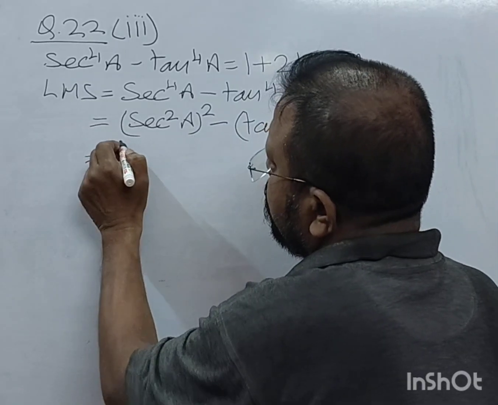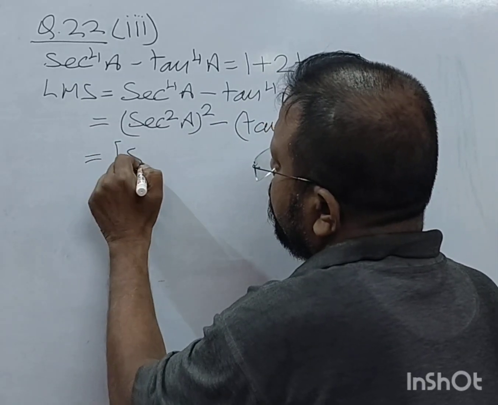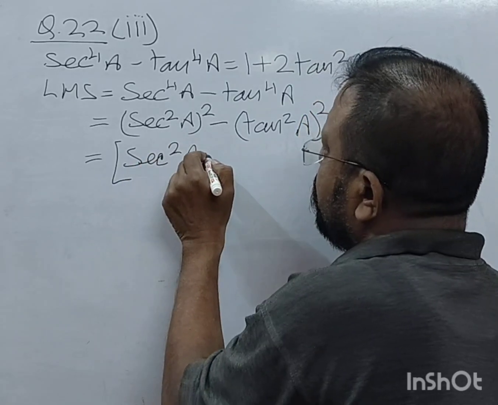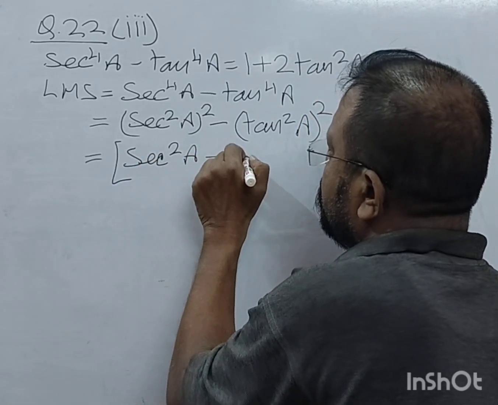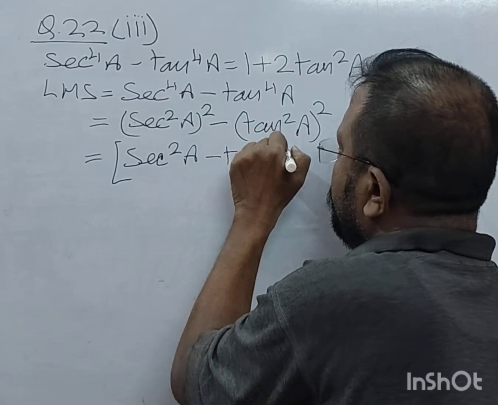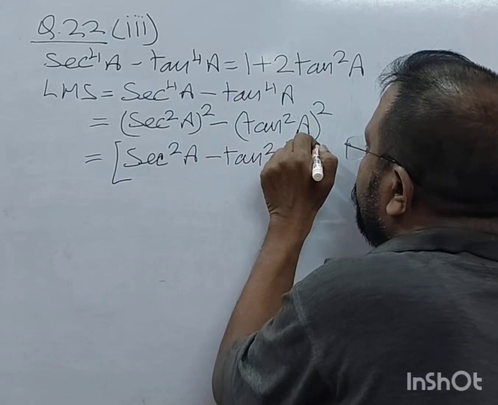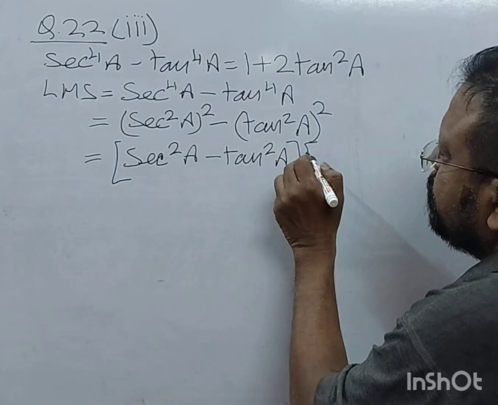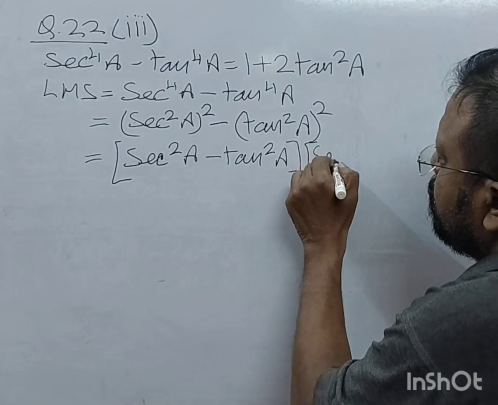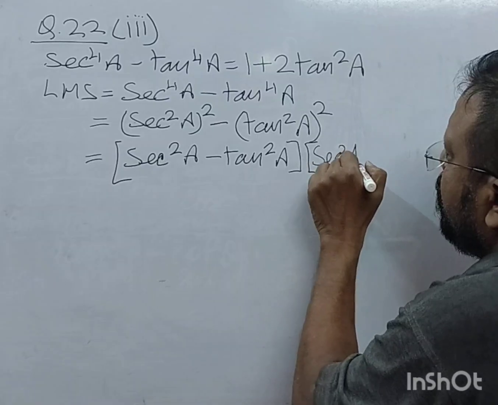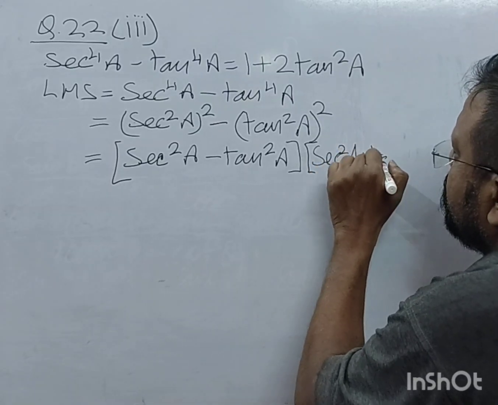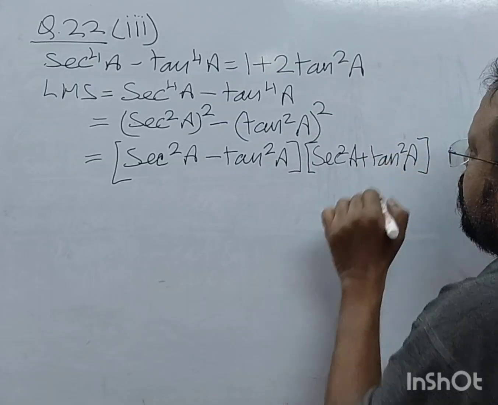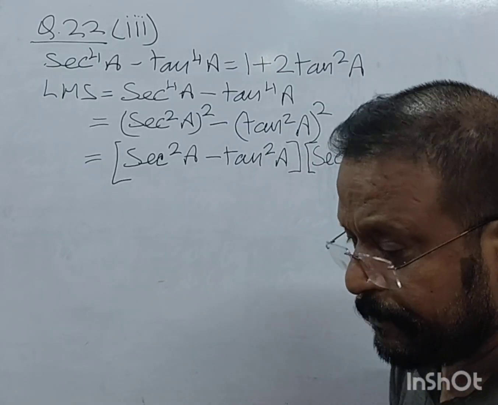So we get sec square a minus tan square a, and we have sec square a plus tan square a, right? This is what we have.